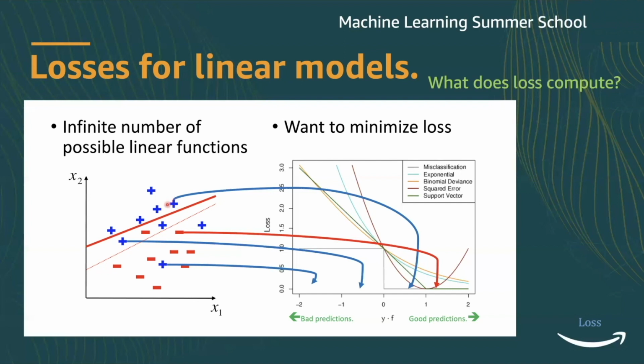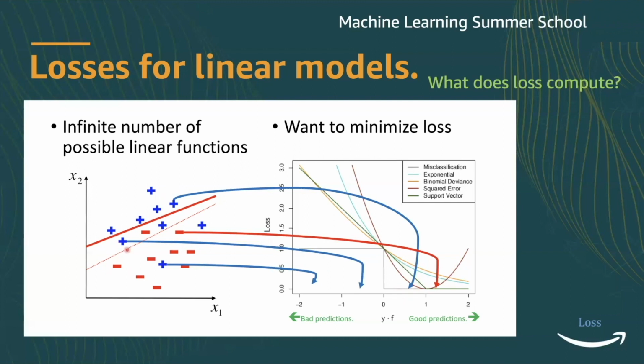Since we have assumed that the negatives have a true class label of -1 and the positives have a true class label of +1, the prediction is positive, the true label is positive, the product is positive, and it lies to the right side of 0. Both these points are correctly classified. As per this loss function, they're paying a loss of 0, a penalty of 0.